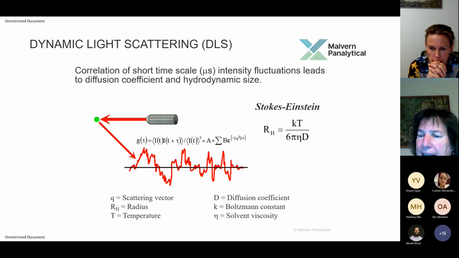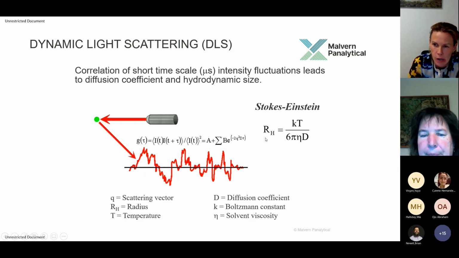We have a very accurate Peltier in the instrument in order to set the temperature and maintain that temperature. So again, the equation is kT over 6 pi eta, the viscosity, times D, the diffusion rate. So we measure this diffusion rate and we calculate the hydrodynamic radius.